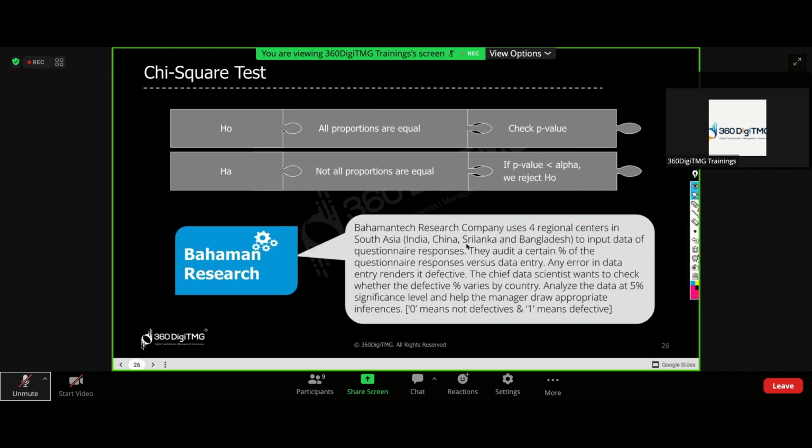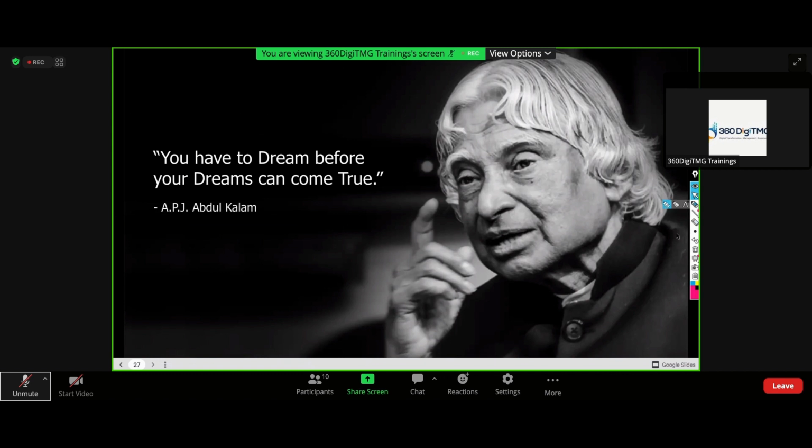And this is another use case. So I will write it over here once again. We can make a note of this. When P is low, null will go. When P is high, null will fly. Fly means you will go with null values. P low, null go means you are rejecting the null hypothesis.